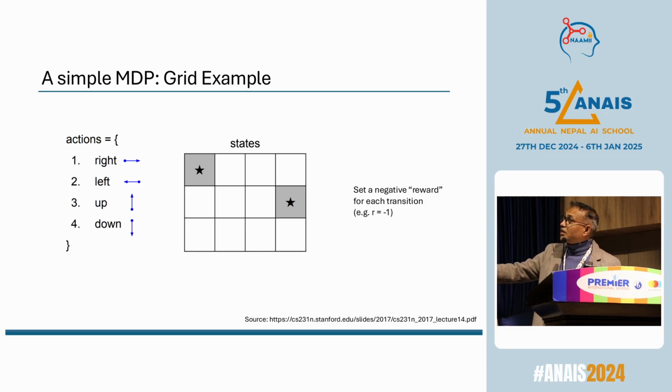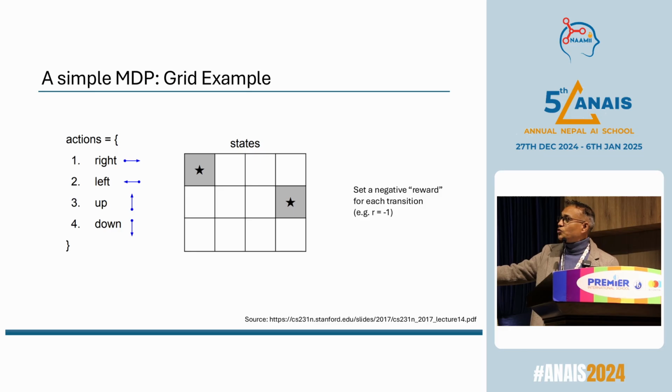So if the grid example is considered, then this is the state, this is the actions, and the reward can be minus 1 if it does not reach this one. Or the reward can be 10 if somehow the agent reaches this point.